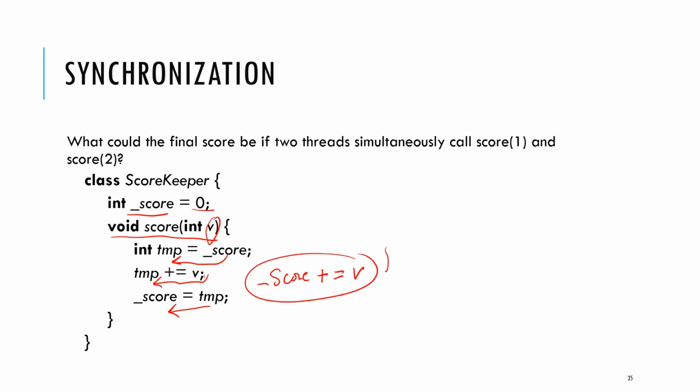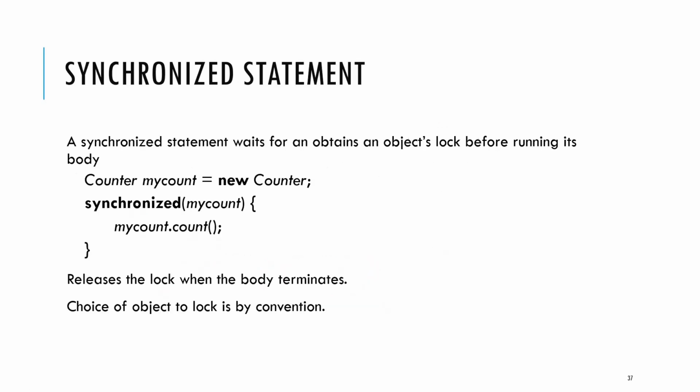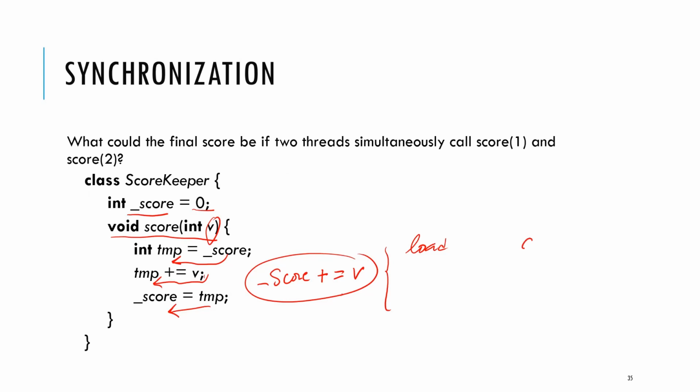Although in assembly code, this would have been translated into: load the value of the variable called score from the RAM into a certain register, let's say R1 within the CPU, then load the value of v into another register, because a CPU cannot make an addition directly in the RAM.